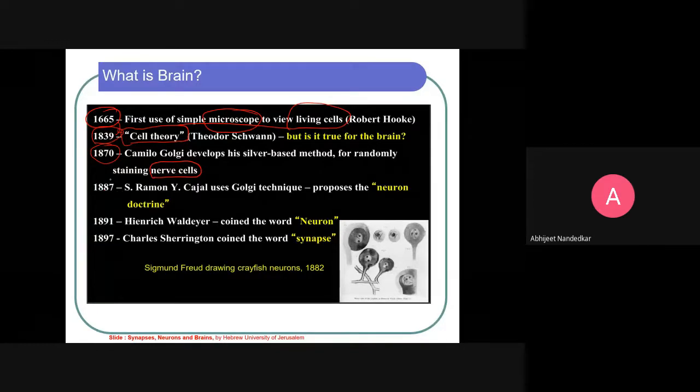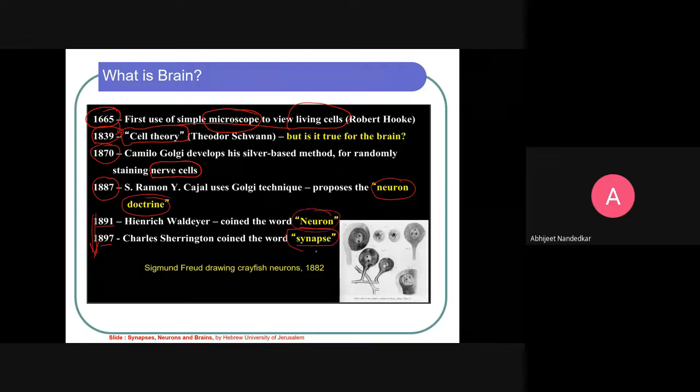Then, after some time, that is after 17 years, Ramón y Cajal uses Golgi's technique and proposes the neuron doctrine. So it's way back, 1887, and then the journey of understanding the biological neuron within your brain starts. The term neuron came into picture in 1891, and in 1897 the word synapse came into picture.